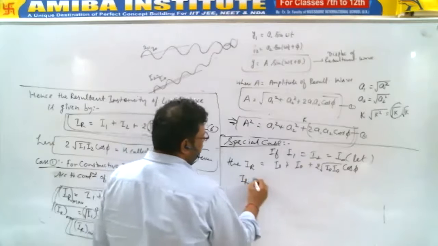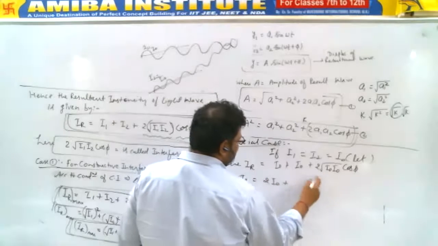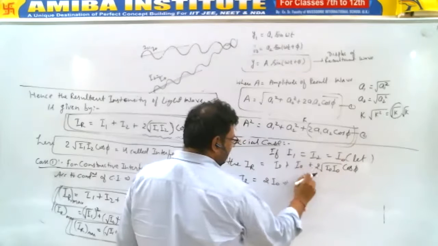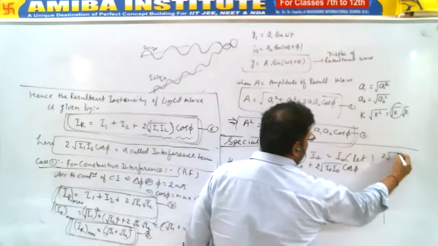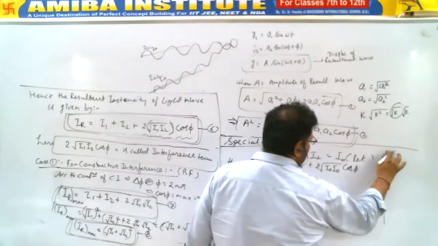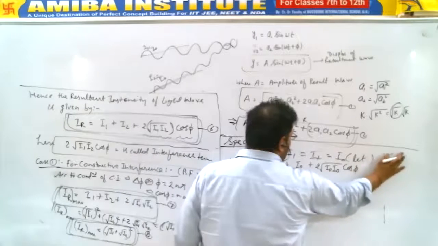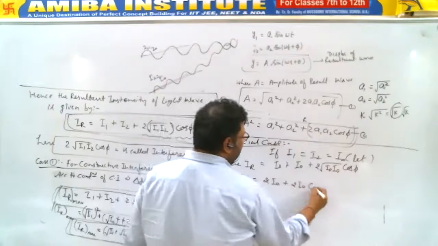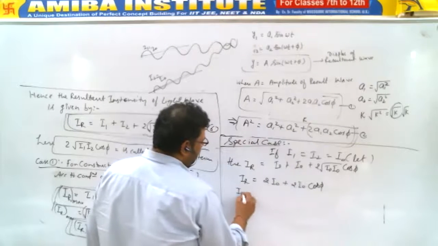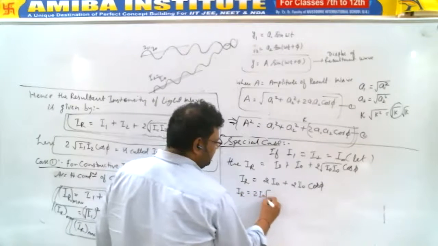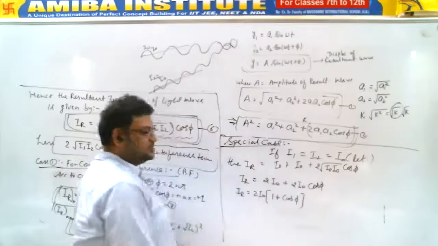IR is equal to 2 I naught plus 2 under root I naught squared. The under root will cancel out with the square, giving only I naught, so we get 2 I naught cos phi. Now what is common? 2 I naught is common. Very good: 2 I naught times 1 plus cos phi.